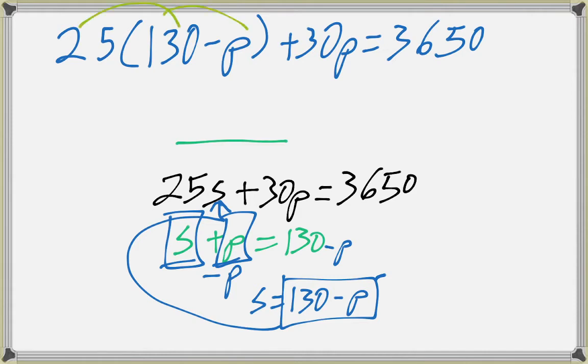So I distribute. 25 times 130 is what? Let's see. 130 divided by 4 multiplied by 100? Yeah.